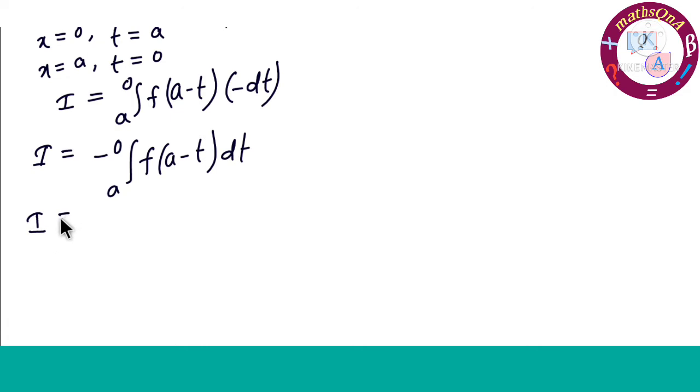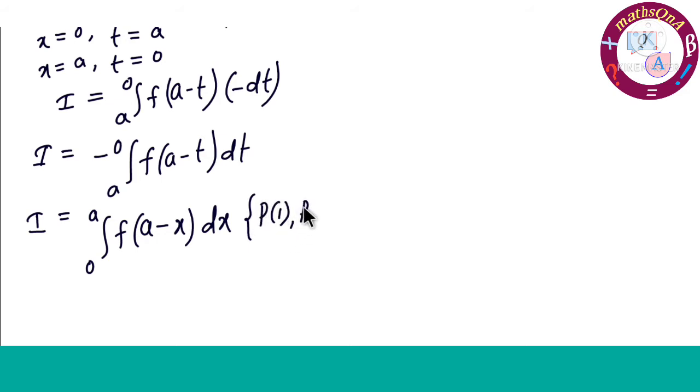Now I is equal to, remove this minus. If you remove the minus, the limits will interchange, becoming 0 to a. So f of a minus x, in place of t you write x, in place of dt you write dx, because property 1 and property 2 say that if you interchange the limits, it becomes negative, and t is equal to x and dt is equal to dx.